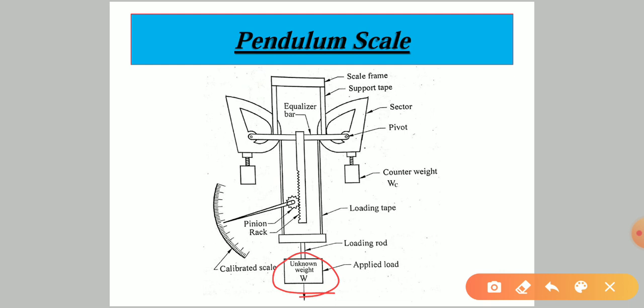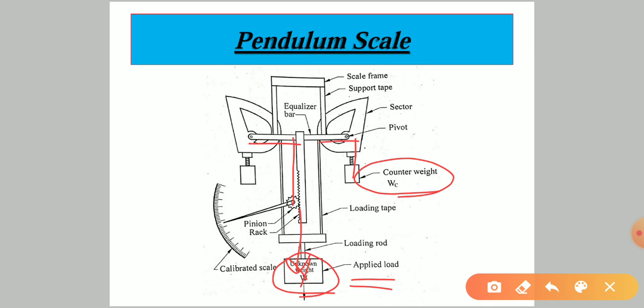We know that torque is force into distance. Here, due to the weight, the force will be acting, which means the applied load, and here there will be a distance, so it will cause torque. This is then balanced by the torque of a fixed standard mass arranged on the pendulum. To balance this, we use a fixed mass, which is the counterweight.